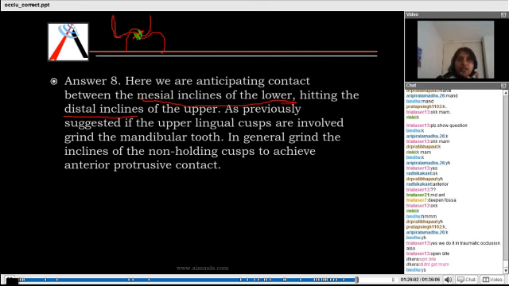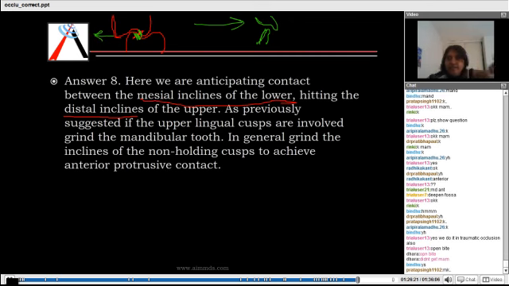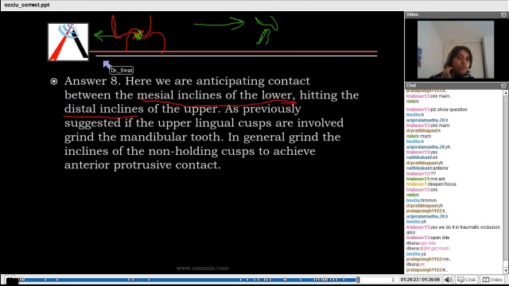Now again, depending on which cusp it is, see Dhara, here we are talking about side view. This is anterior and this is posterior. Here we are looking at it from the side.